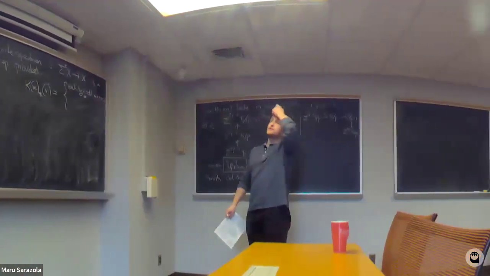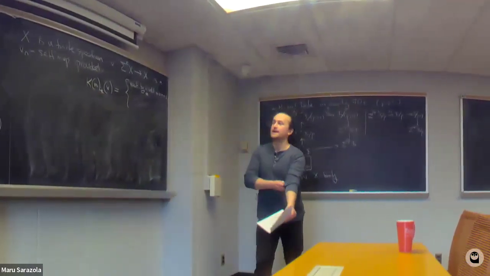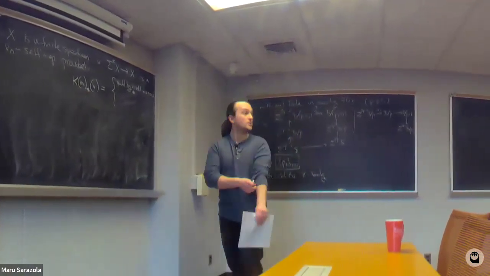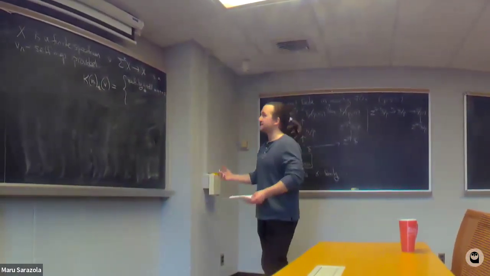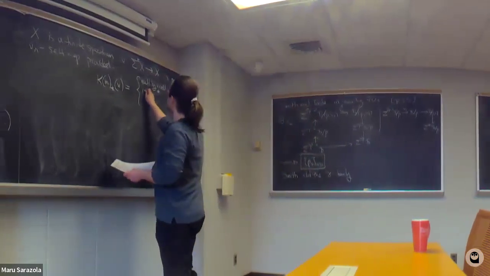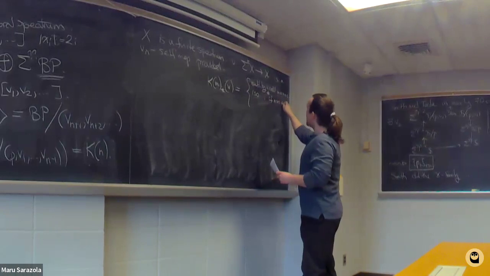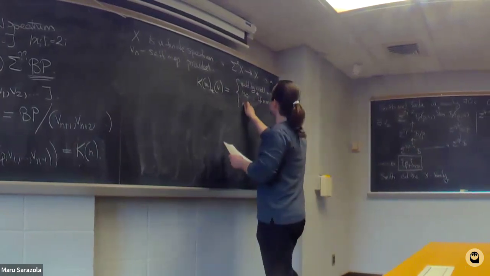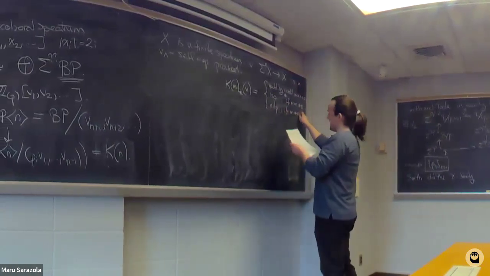Maybe I should have mentioned earlier that K0 is given by just the rational numbers viewed as a spectrum, the Eilenberg-MacLane spectrum associated to Q. This is an iso if m equals n is not equal to 0, and then this is nilpotent if m is not equal to n.